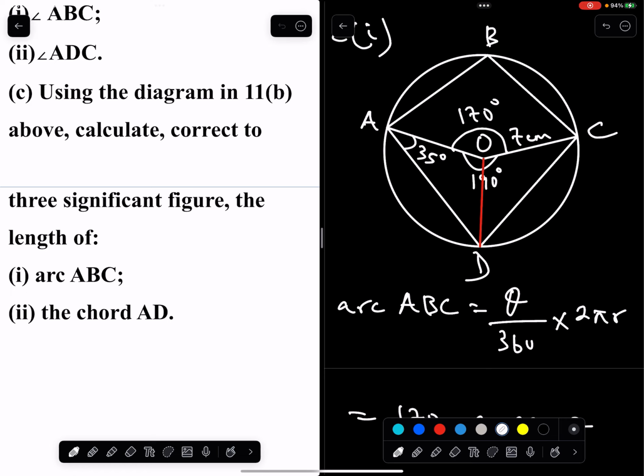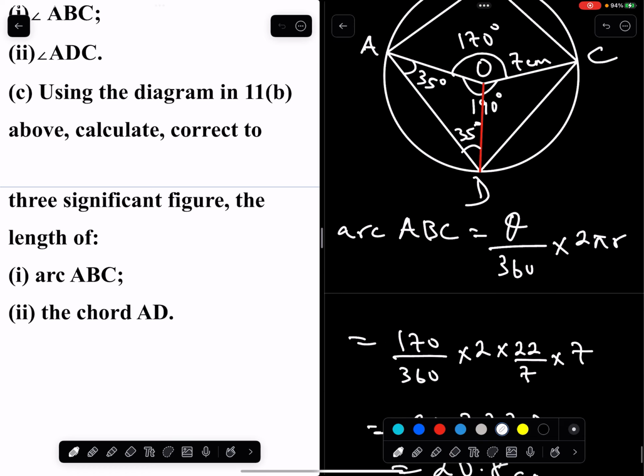Now if I join O to D, I'll see that OD is a radius. If this is 35 degrees, this will also be 35 degrees, and the reason for that is base angles of an isosceles triangle.